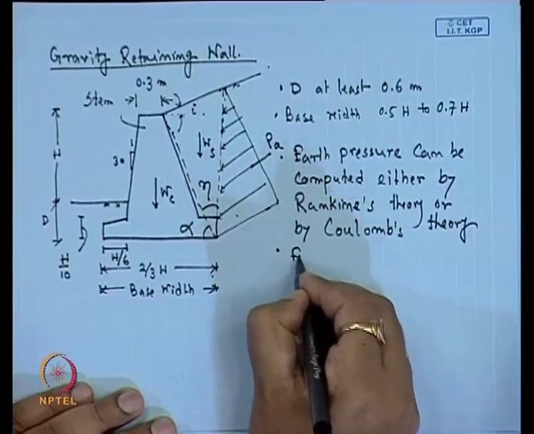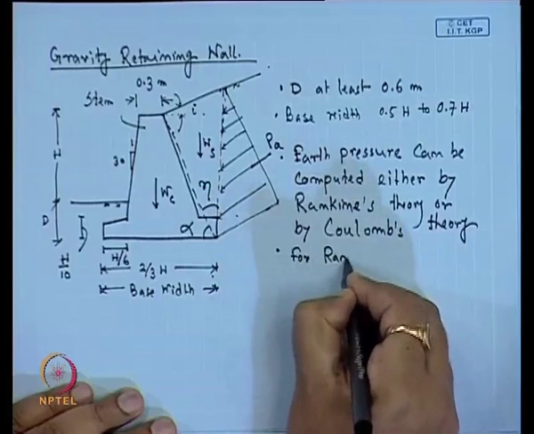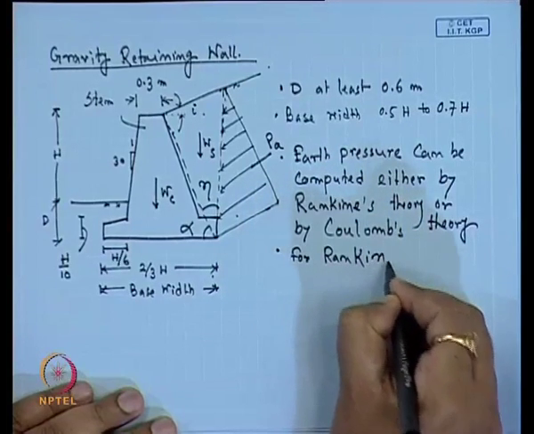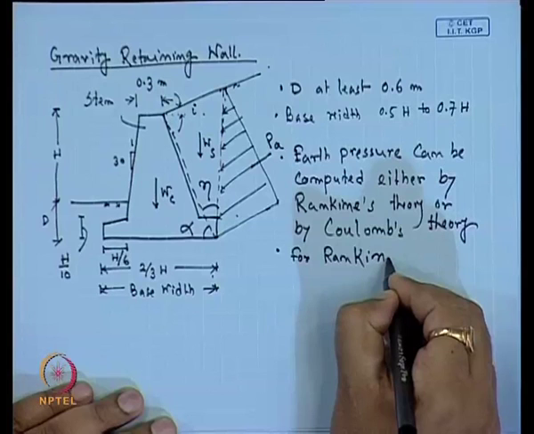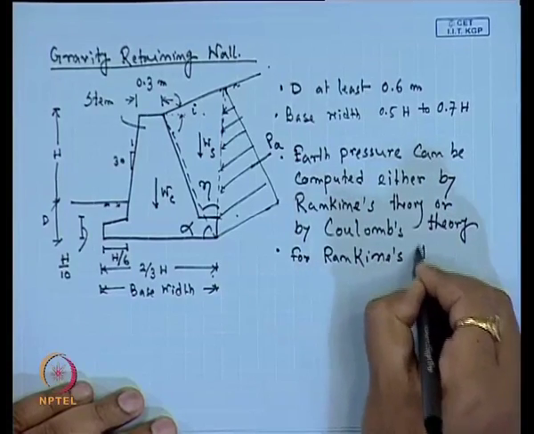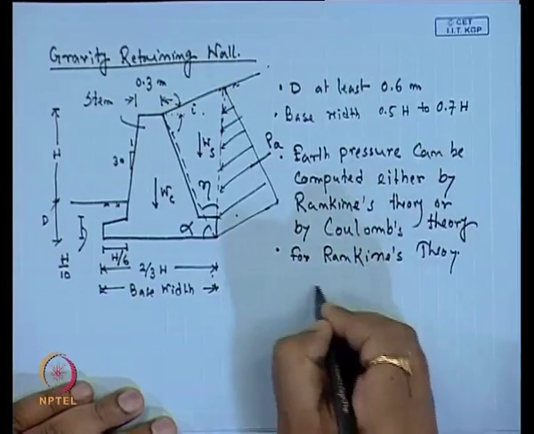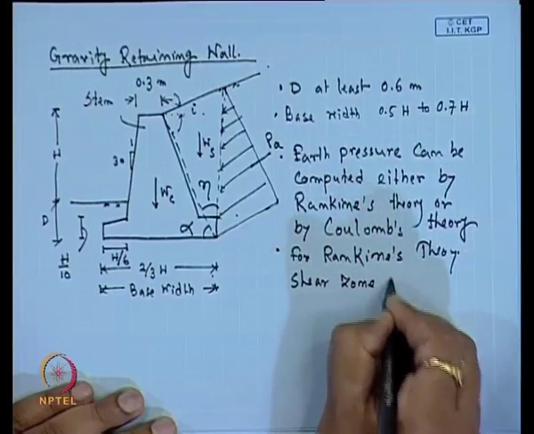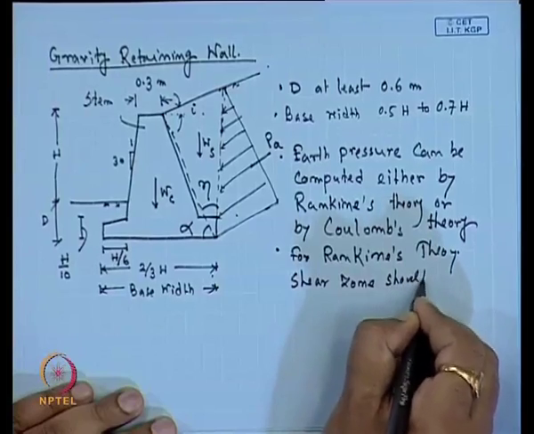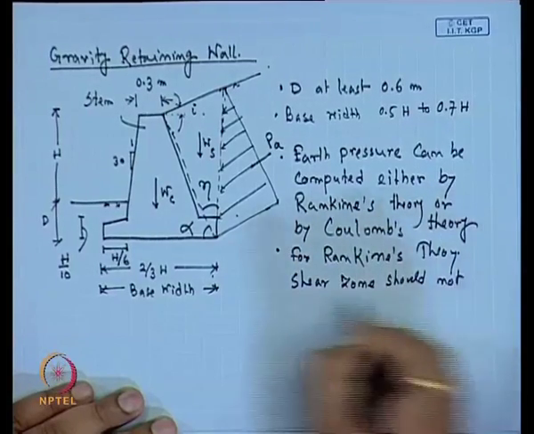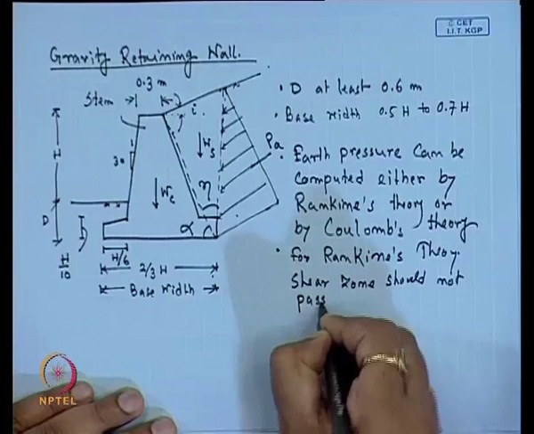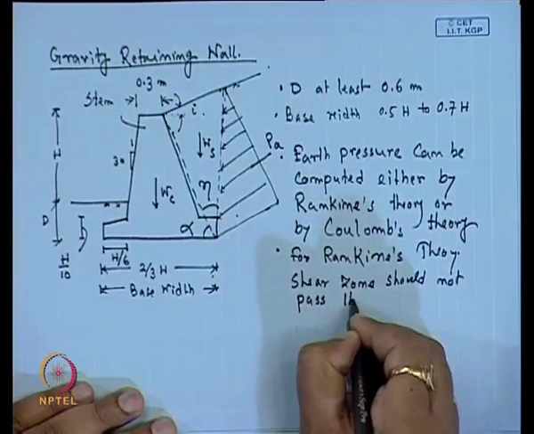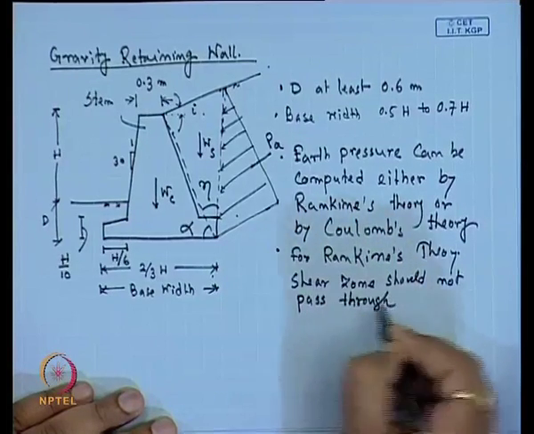Now, for Rankine's theory, the shear zone should not pass through the stream.